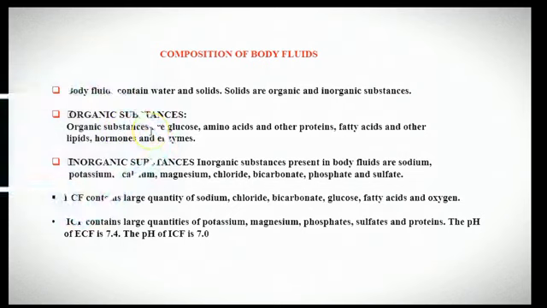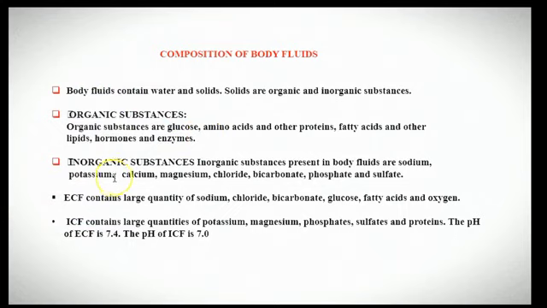Organic substances are all the macromolecules in the body. And these are the list of them: glucose, amino acids, protein, fat, lipid, hormones, and enzymes. They are all organic substances present in the human body, and they are part of the solid in the body.